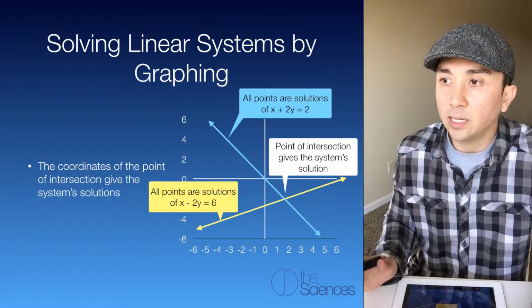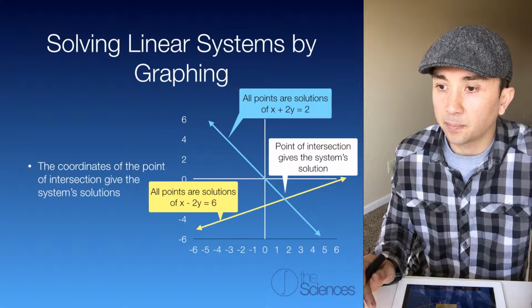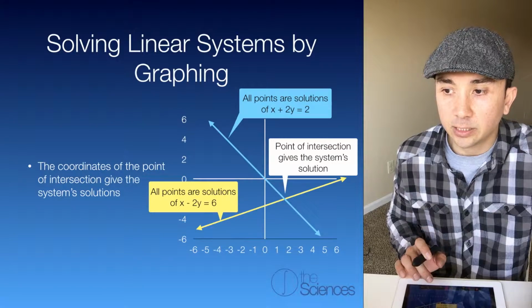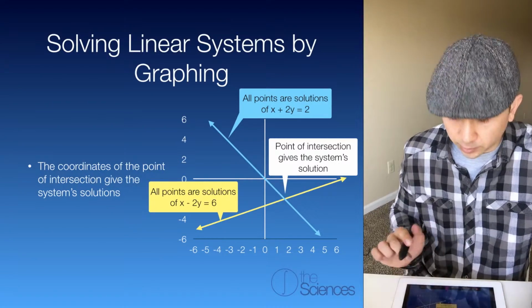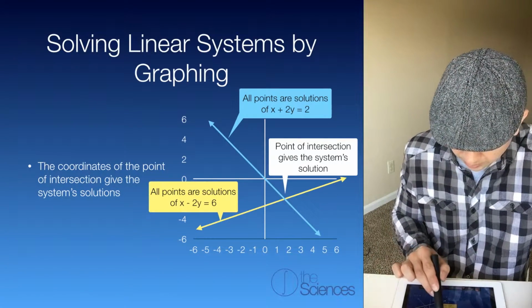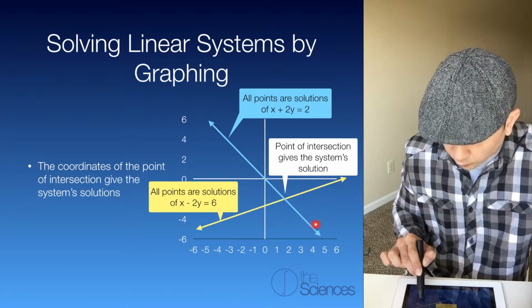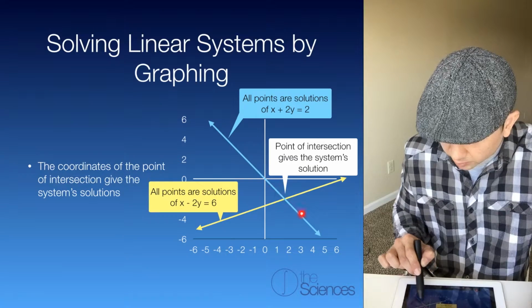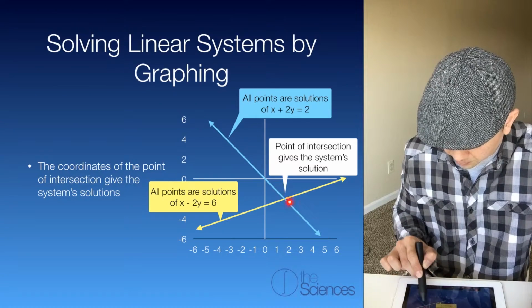Now, solving linear systems by graphing, the coordinates of the point of intersection give the system's solution. So what that means is, in the equation x plus 2y equals 2, all these points are solutions.